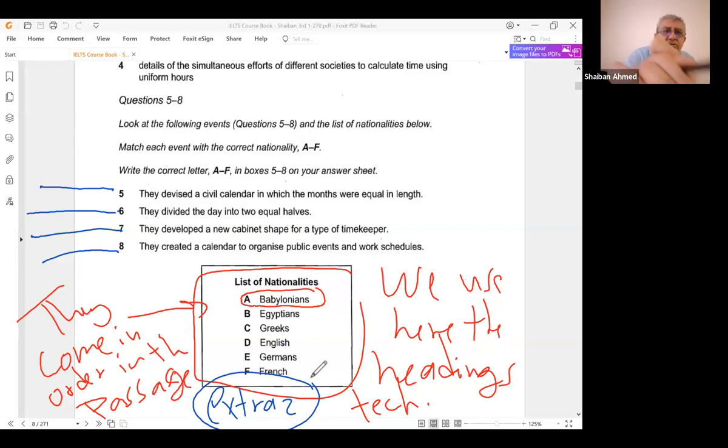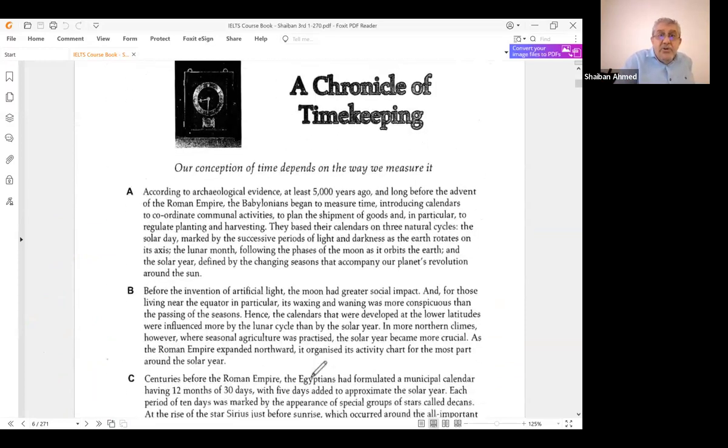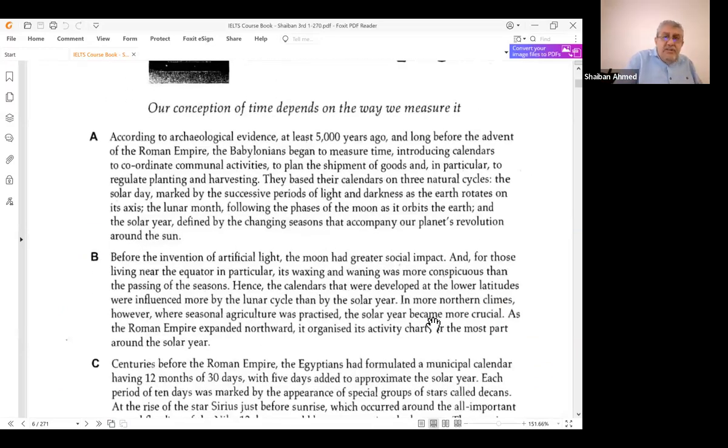Babylonians. Go to the paragraph in the beginning. Because they come in order, so Babylonians. What does it say? Babylonians began to measure time, introduce a calendar to coordinate communal activities, to plan the shipment of goods, and in particular, to regulate planting and harvesting.